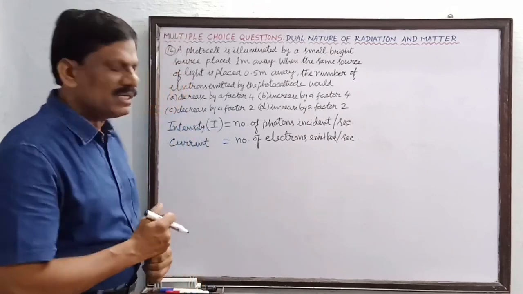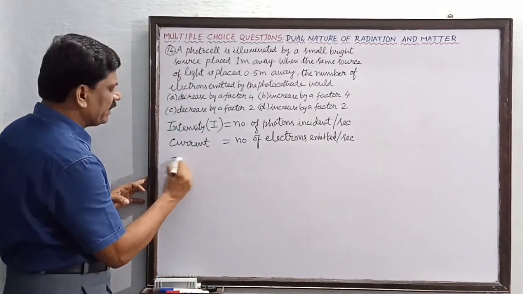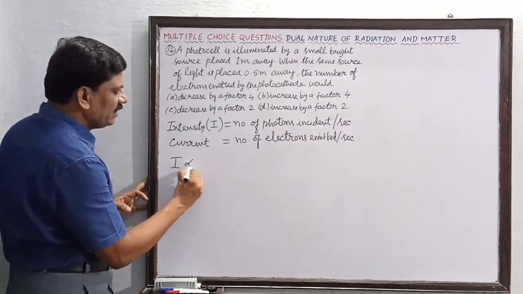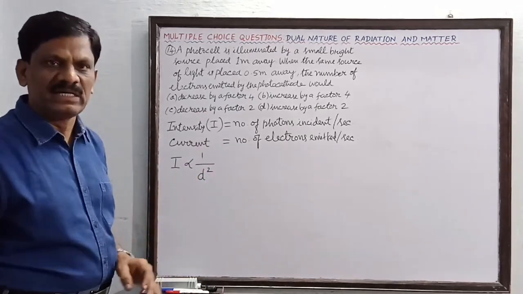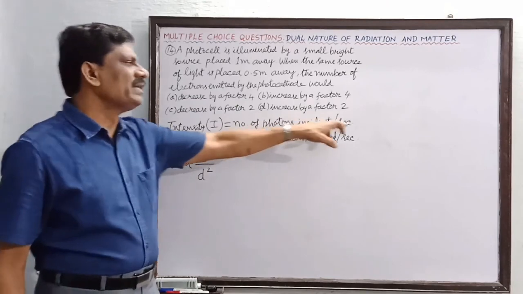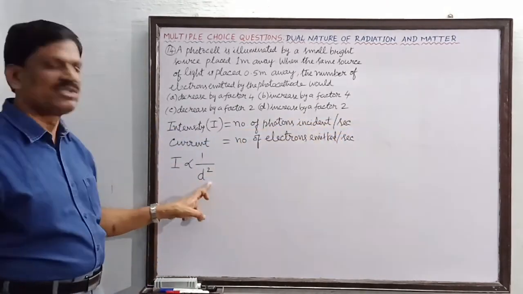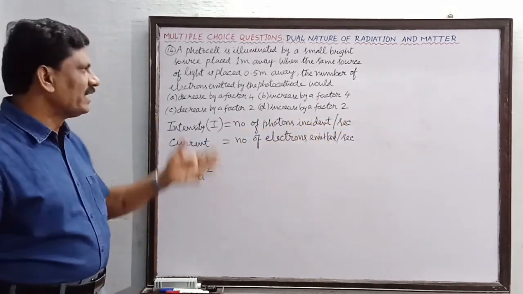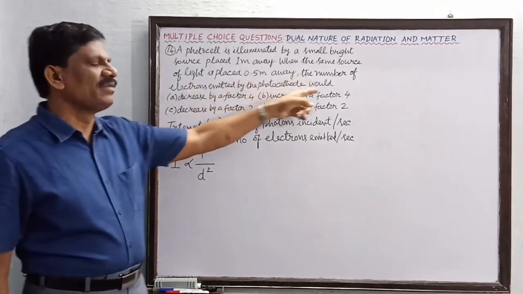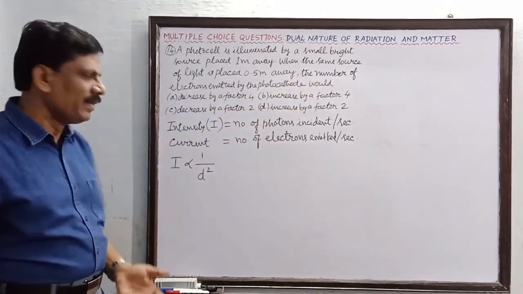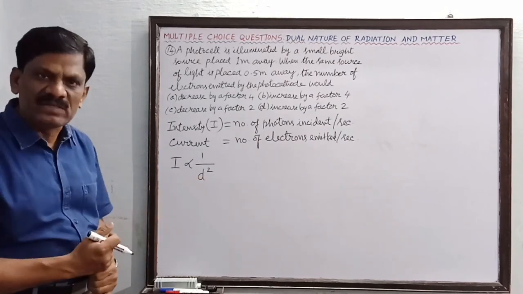Okay students. So now also we know that intensity is inversely proportional to d square. Is it not? So when the number of photons incident per second is inversely proportional to d square, naturally the number of photoelectrons emitted by the photocathode also will be inversely proportional to d square.